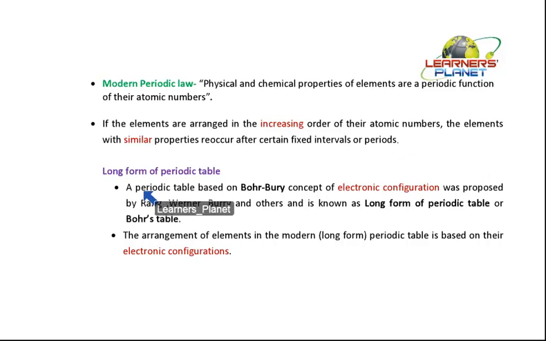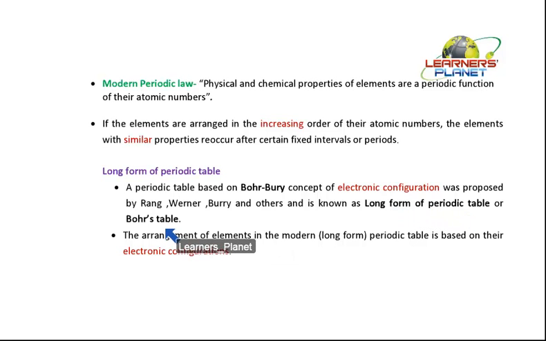Now the long form of periodic table, the periodic table which we are studying these days, is based on the Bohr-Bury concept of electronic configuration. So Moseley gave the basis of classification as atomic number, but Bohr-Bury gave the basis of classification as electronic configuration. This was proposed by Rang, Werner, Bury and others, and is known as the long form of periodic table or Bohr's table.